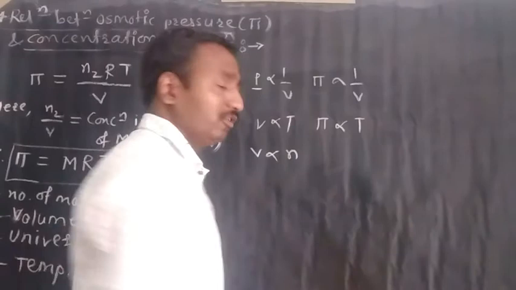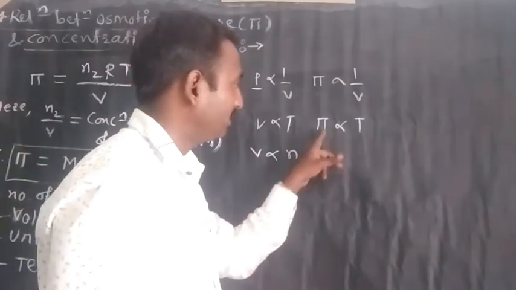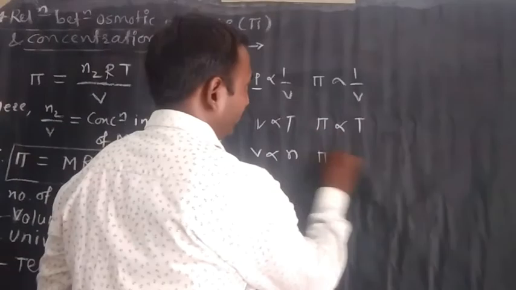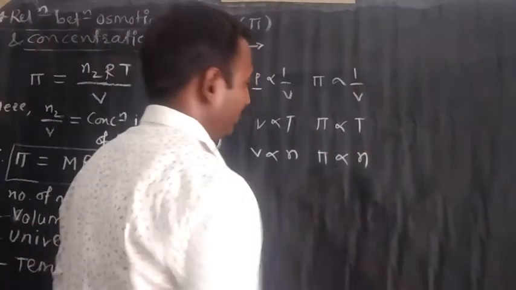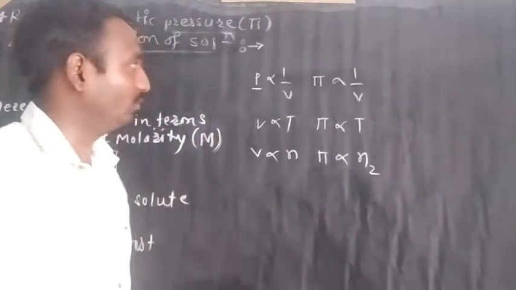As number of moles increases, number of particles also increases. Number of particles increases means colligative property also increases, that is pi increases. That's why pi is directly proportional to N, and N is nothing but the number of moles of solute.